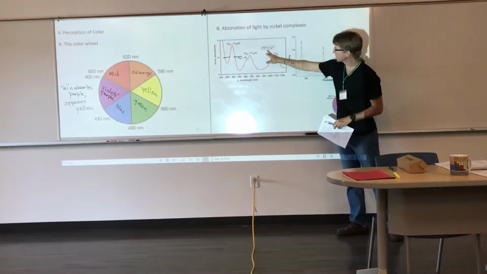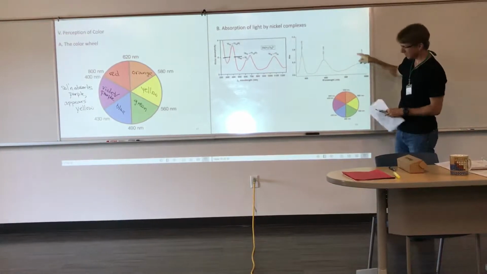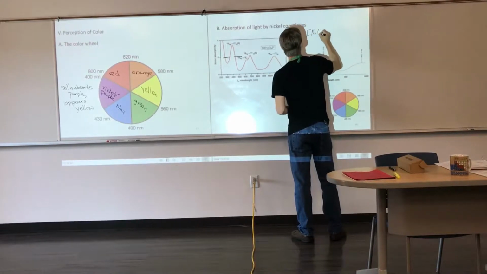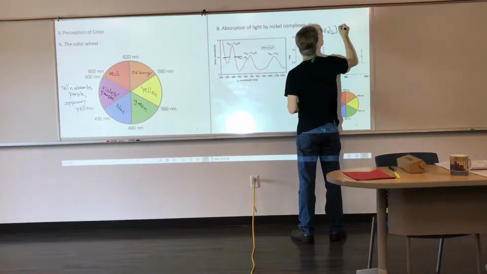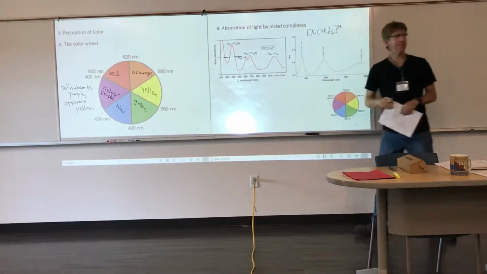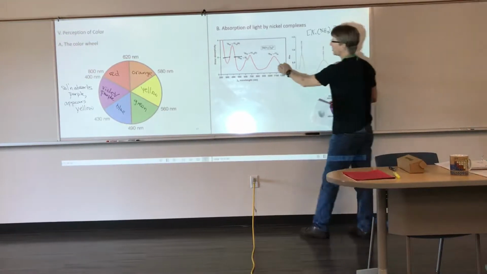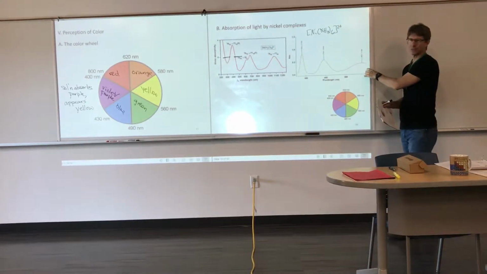I'm showing absorption spectra here for nickel with 6 water ligands. Here, it doesn't say it, but this is nickel with 6 ammonia ligands. And you can see there are multiple peaks in here, multiple peaks here as well.